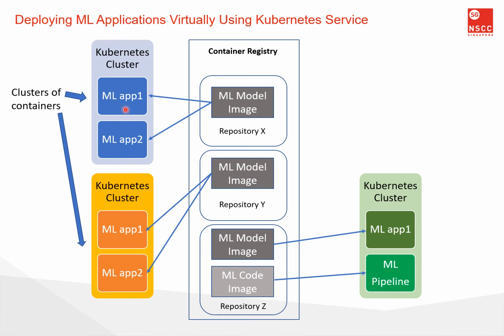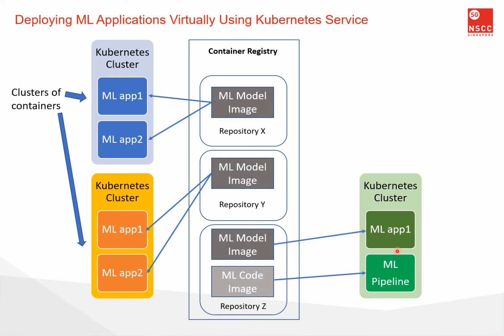Machine learning application 1 and 2 here are actually copies or replicas of the same container. So they are going to be picking up the same container image from repository X. Whereas the orange Kubernetes cluster is actually using a different image from repository Y.